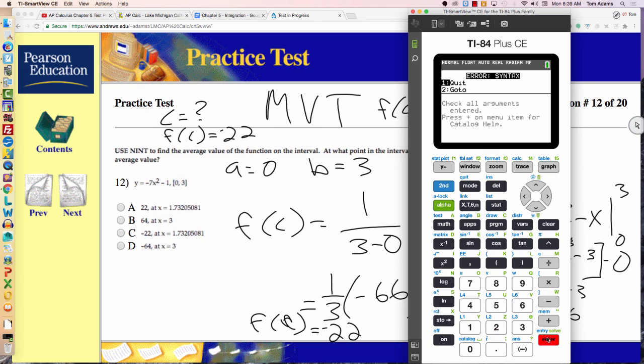Now we're just going to find the intersection of those two. And we get 1.73, blah, blah, blah. Square root of 3 is what it is.